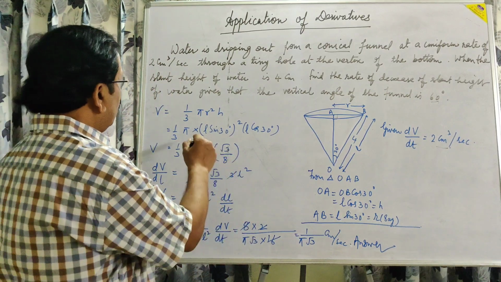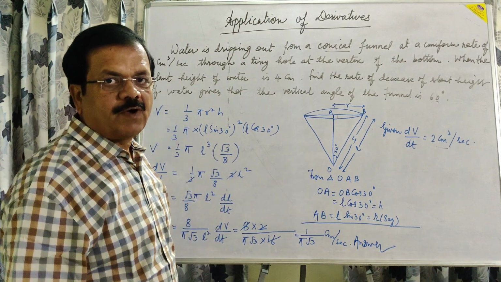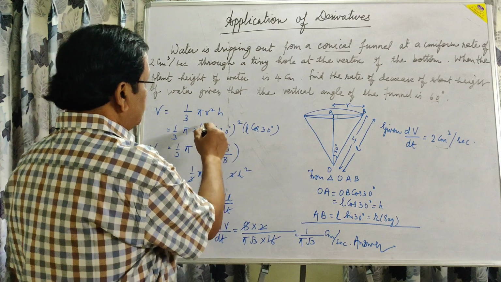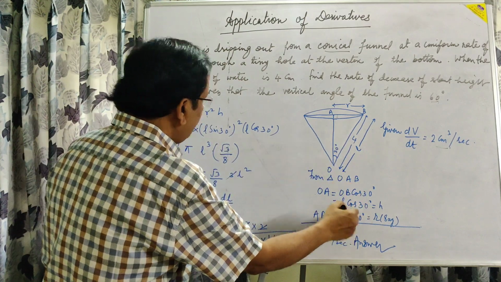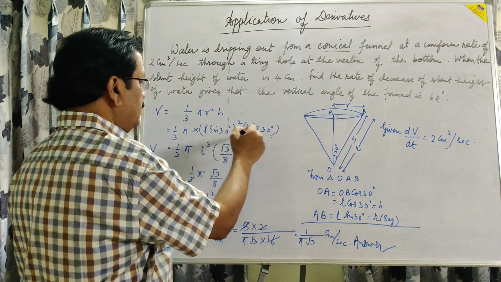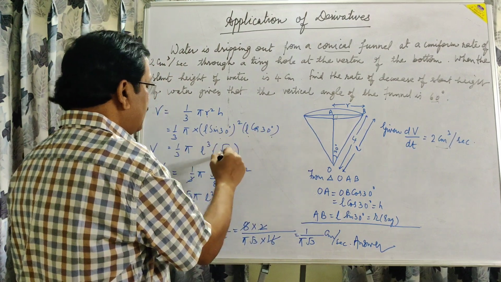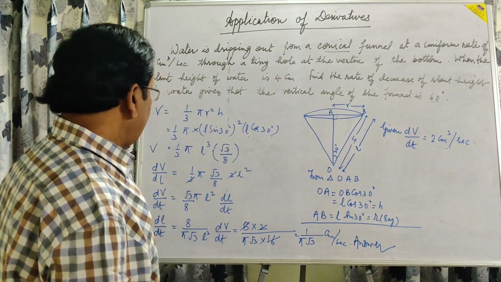Now write the formula. V, the volume of the cone, is 1 by 3 pi r square h. Then substituting the value of R from here, we get L sine 30 and then L cos 30, and then we get 1 by 3 pi L cube root 3 by 8.